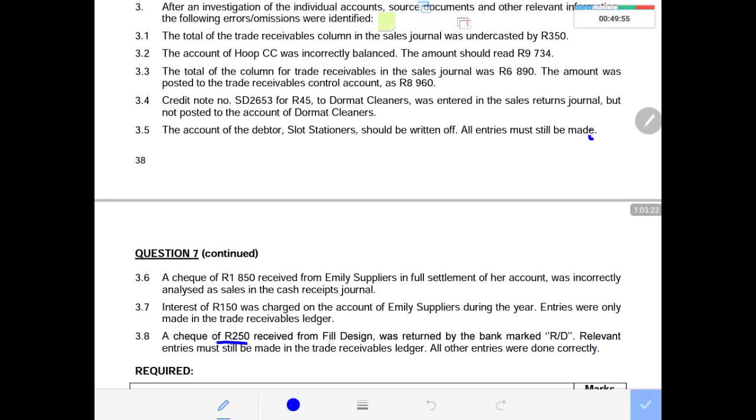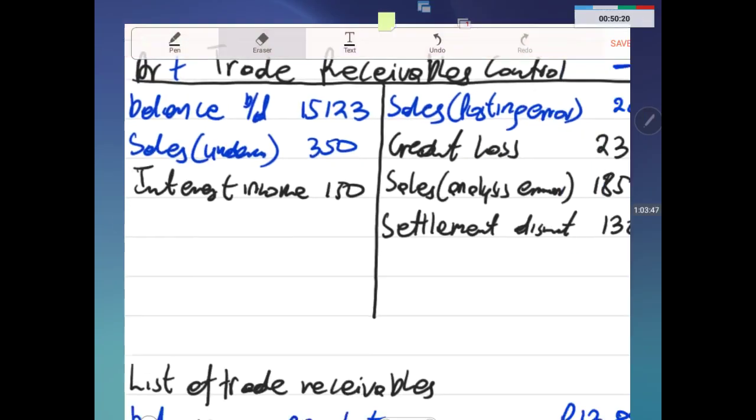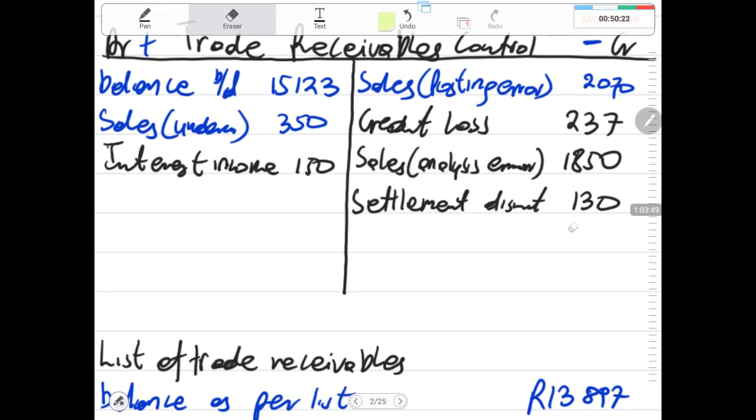It says, a check of 250 received from Field Design was returned by the bank, marked RD. Relevant entries must still be made in the trade receivables ledger. All other entries were done correctly. So now, in other words, we are saying when the check was received, I want to highlight, we have recorded the 250.